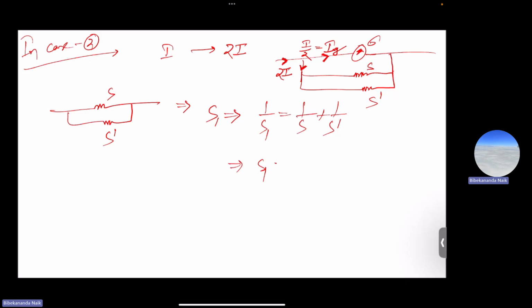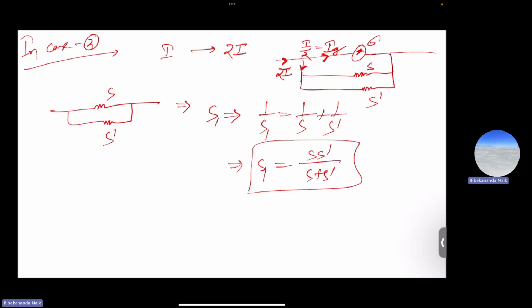So S1 will be S S prime divided by S plus S prime. This is according to the concept of parallel connection of resistors. We know when two resistors are connected in parallel, 1 by S1 will be 1 by S plus 1 by S prime. So this is the new combination of the resistance.